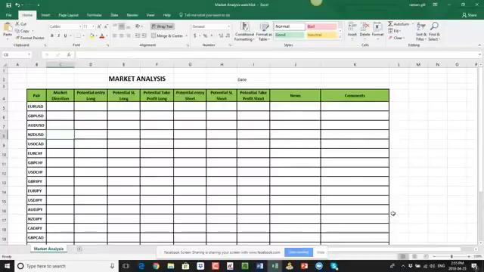I'll be taking a look at all these pairs. I will post this template in the Facebook group, so if you want to follow along, you can do that as well. Based on the spreadsheet, what we're looking at is the pair. For each pair, we project the market direction, where I expect the price to go, and then potential entries.